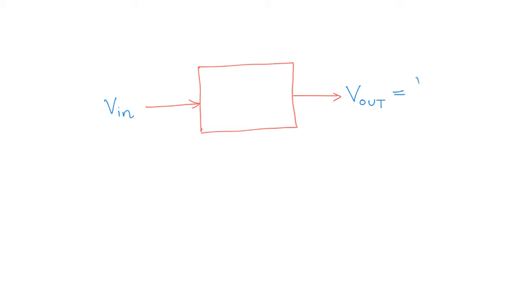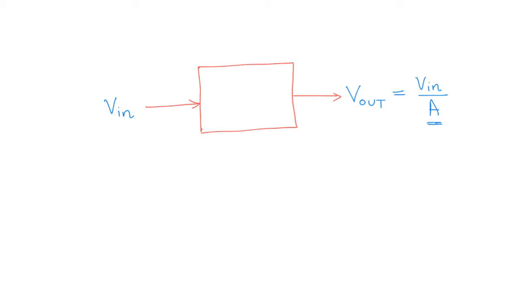You could think of it like this. Suppose you have an electronic circuit here, and to this circuit we give an input, let's call that input V in, and the circuit gives you an output, which let's say we call V out. I want to tell you about a circuit that gives you a V out which is equal to V in over A, where A is a constant number.